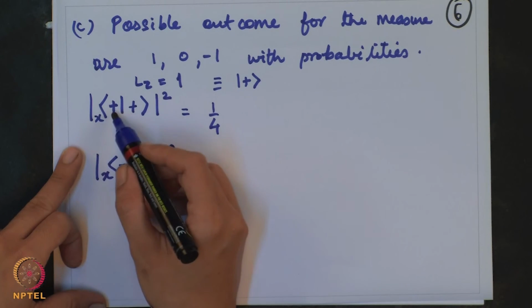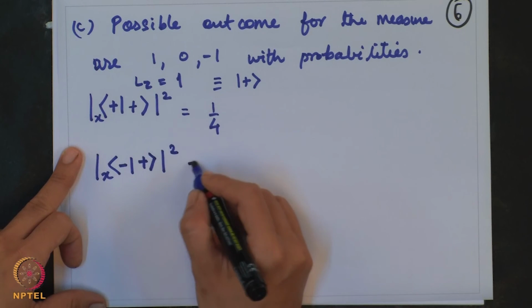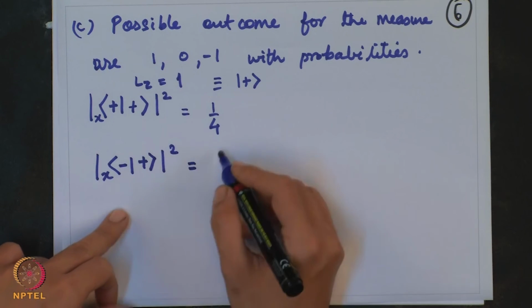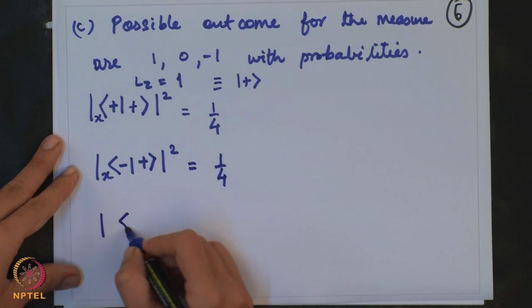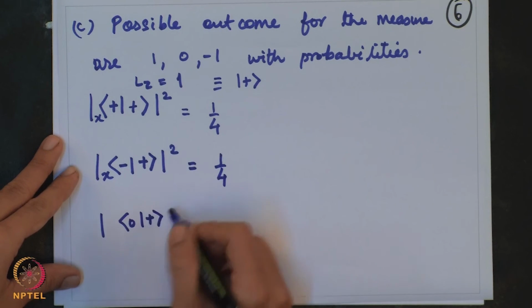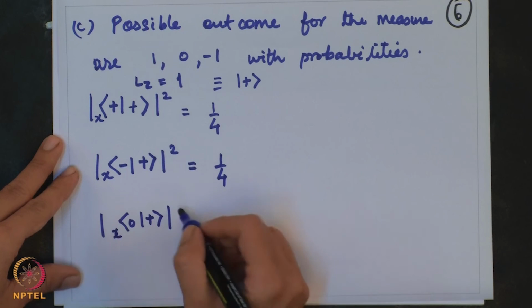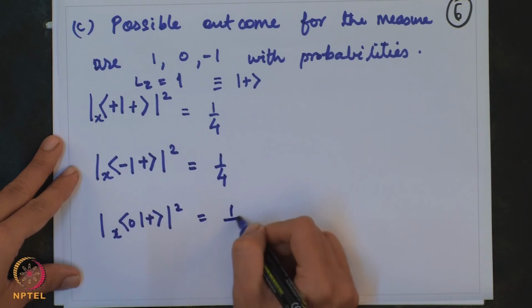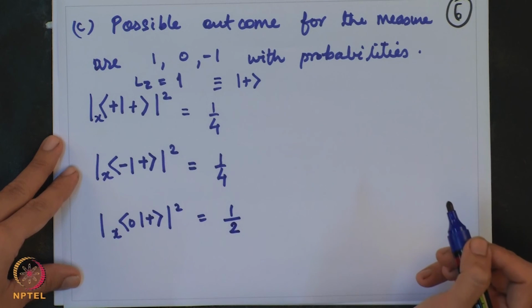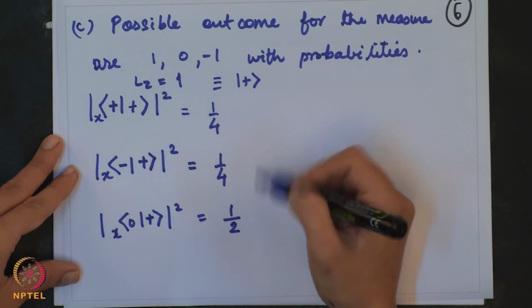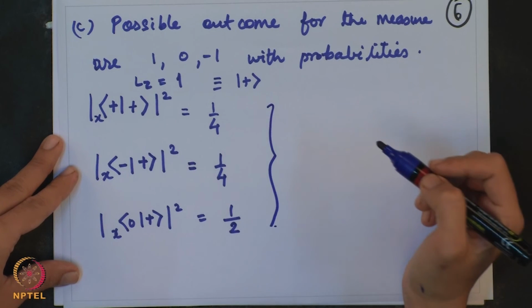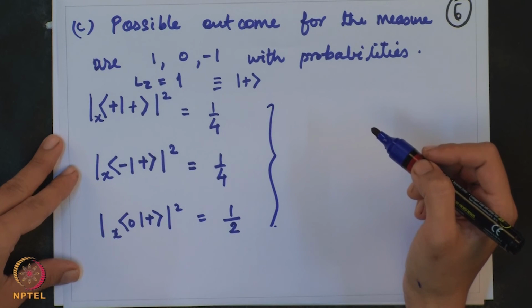For plus you have 1 by 4, for minus the probability is again 1 by 4, and for ket 0 with Lz equal to 1 it is simply half. So, from the coefficients themselves you can infer this result.